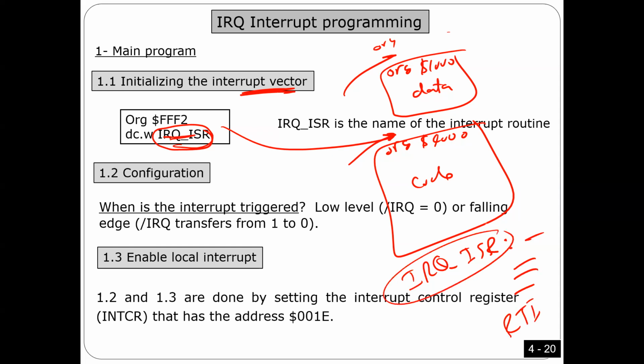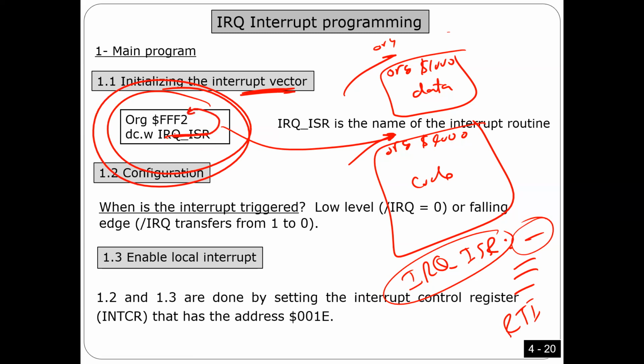Again, this is just any name. Once you put a name here, the code word is going to replace it by the exact address, which is the beginning address of this subroutine. So using this instruction, I store the beginning address of the subroutine in this location, and the next one is going to be a word, okay?